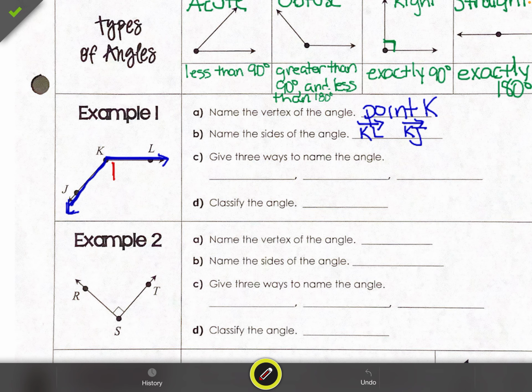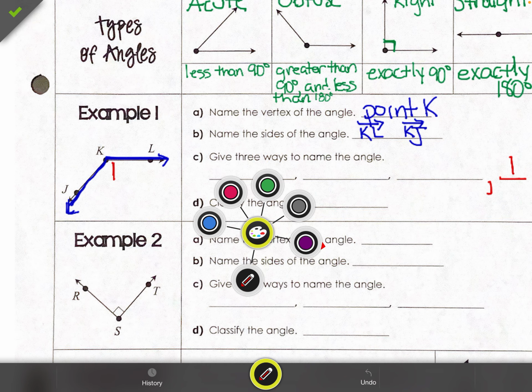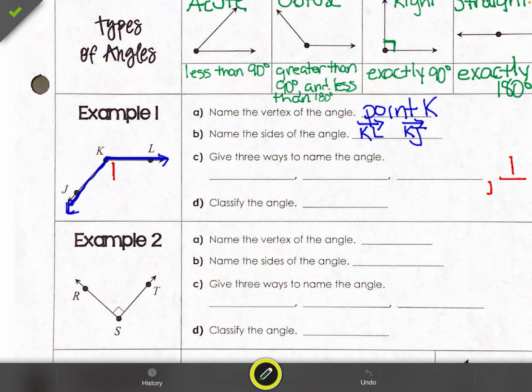So we're actually going to add that. Sometimes they'll have a number inside. So one way would be to name it with the number, which was not on the picture, but we added it. You can also name it with your vertex. We've already said the vertex is point K. So if we're going to call it an angle, we call it angle K. And use that symbol. That is your angle symbol.